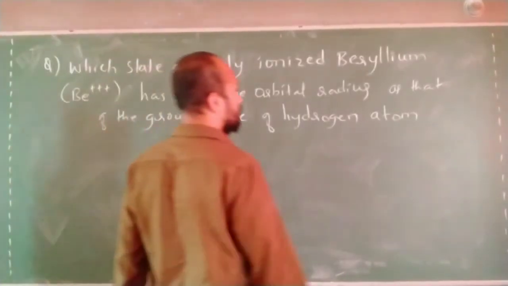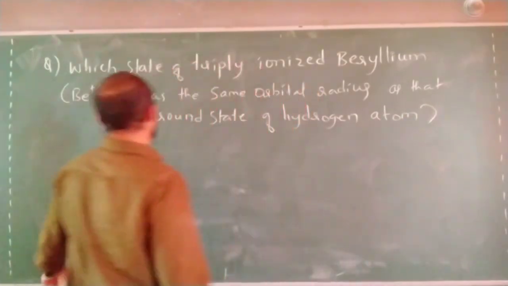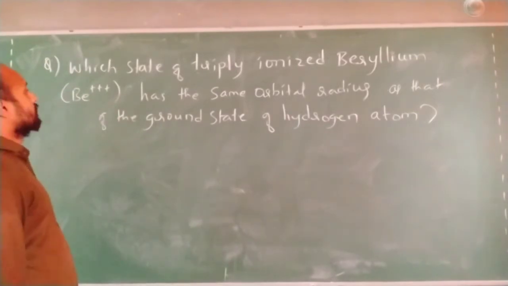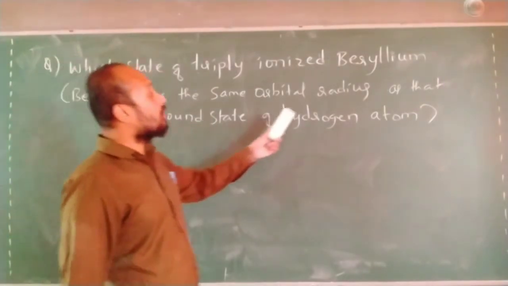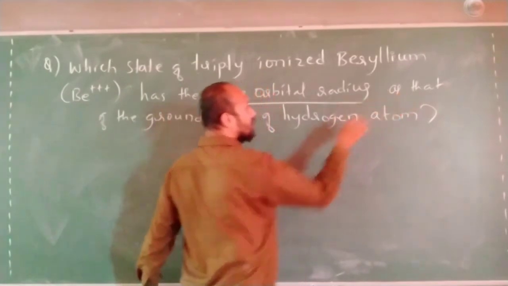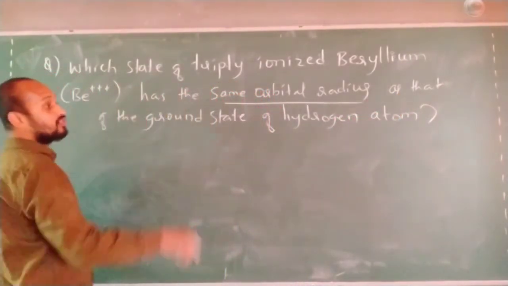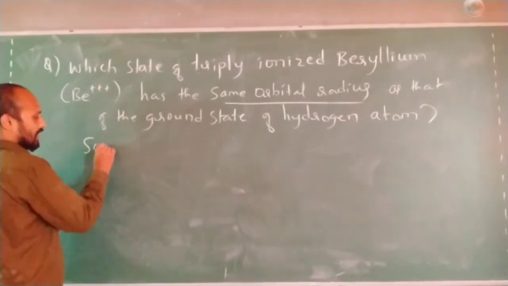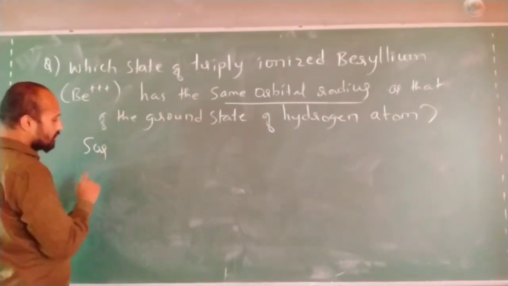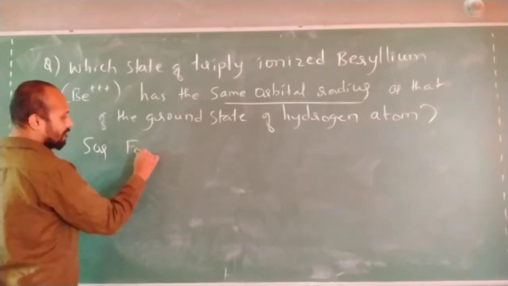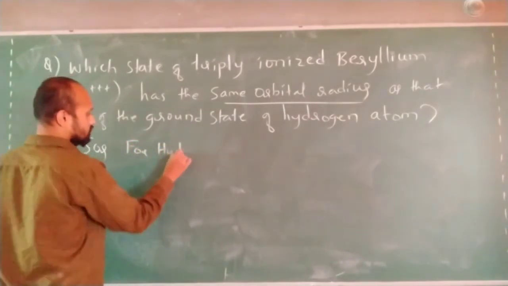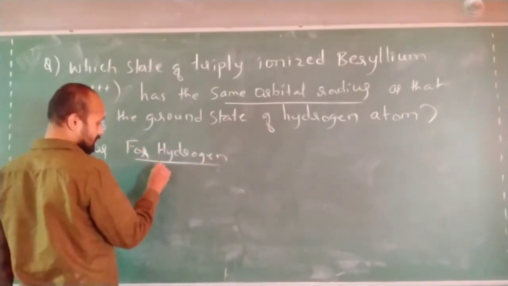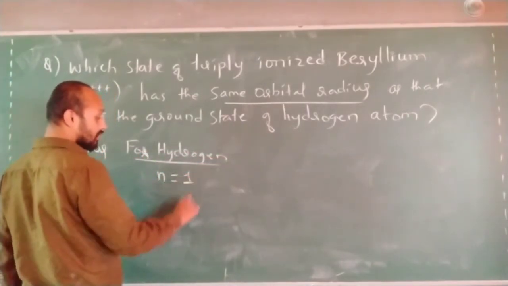See here, which state of triply ionized beryllium has the same orbital radius as that of the ground state of hydrogen atom? When I say ground state of hydrogen atom, for hydrogen let us take n equal to 1.